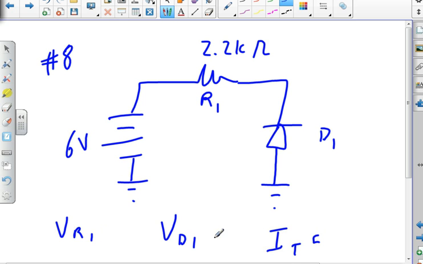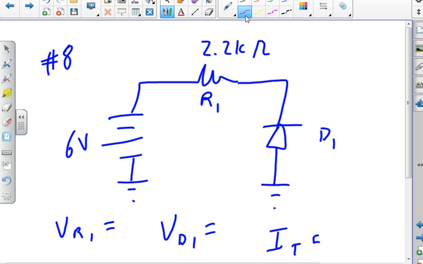Anybody have an answer for any of those? Okay, I look at the circuit, the first thing I notice is the diode is reverse biased, right? Reverse biased means no current.